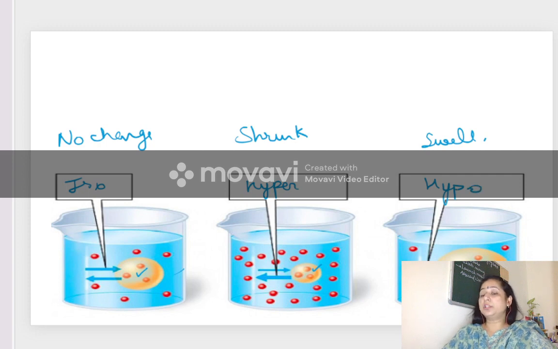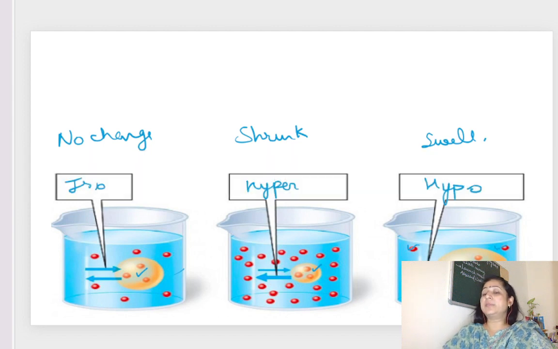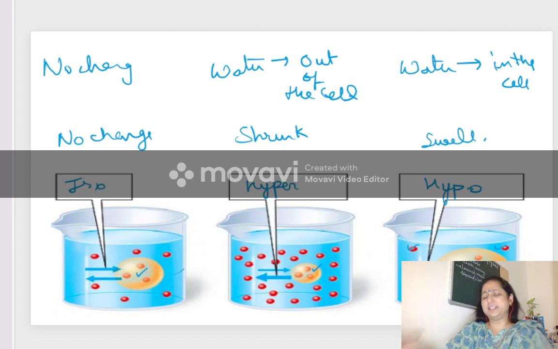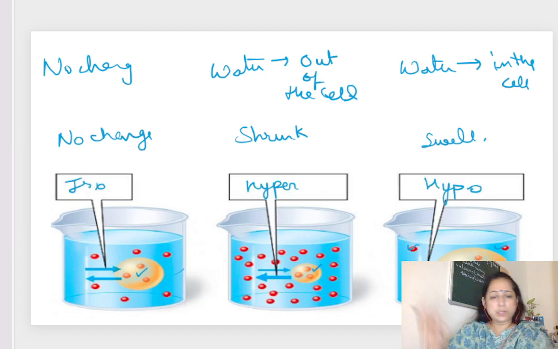So a hypotonic solution is one wherein the water tends to move into the cell. A hypertonic solution is where the water tends to move out of the cell. An isotonic solution is the one wherein no change takes place. That means equal change, both are coming in and out, so there is no specific change in the cell.